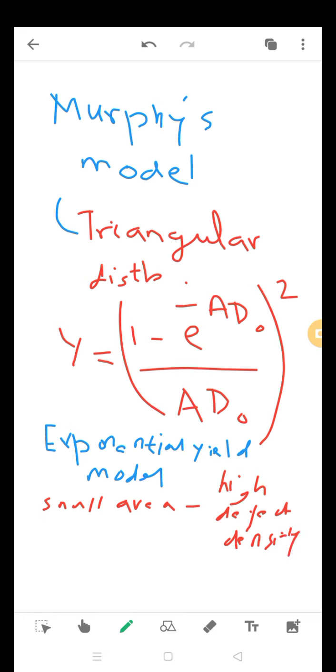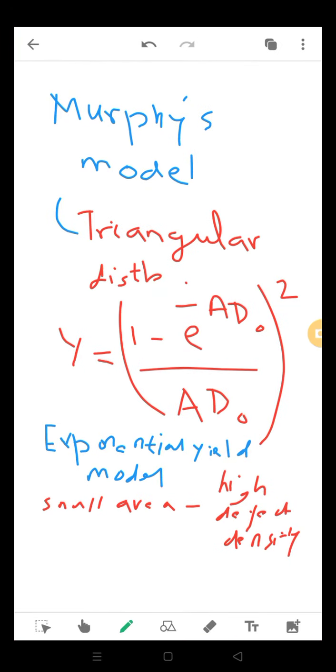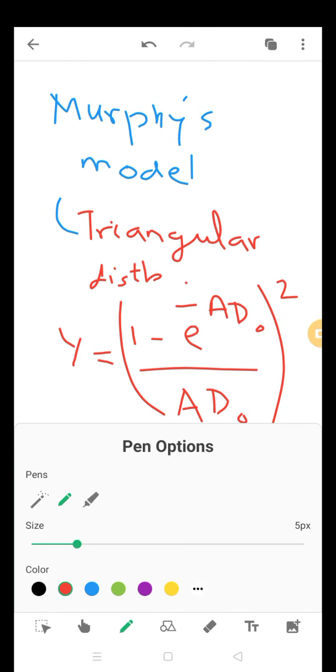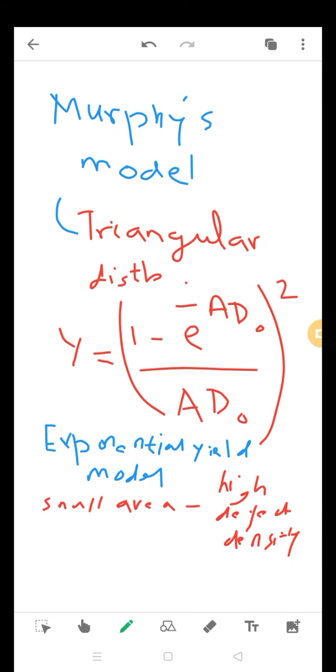And the yield is given as e to the power minus square root of A D0, and it is also called the seeds model.